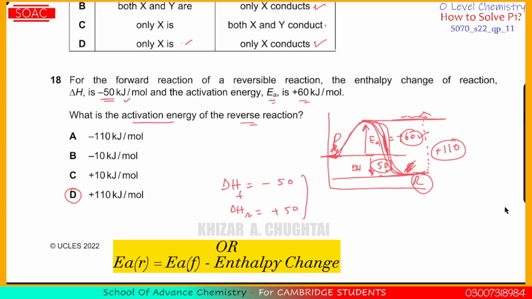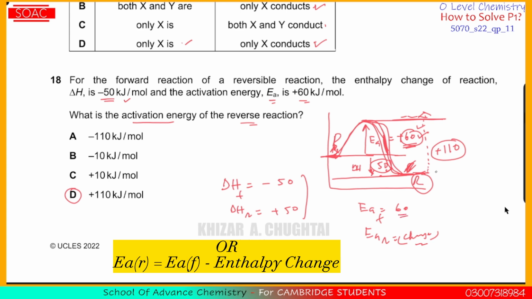If the energy of activation for the forward reaction is 60, then the energy of activation for the reverse reaction will be changed. It may be more than 60, it may be less than 60, but it will not be equal to 60.